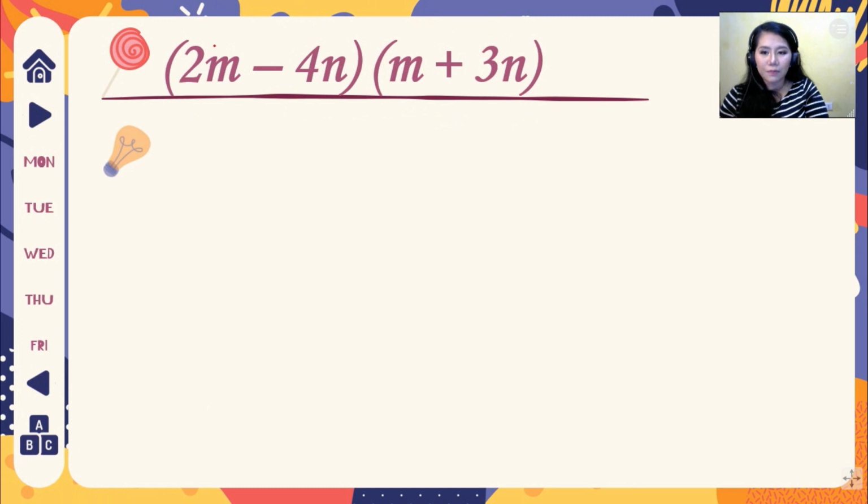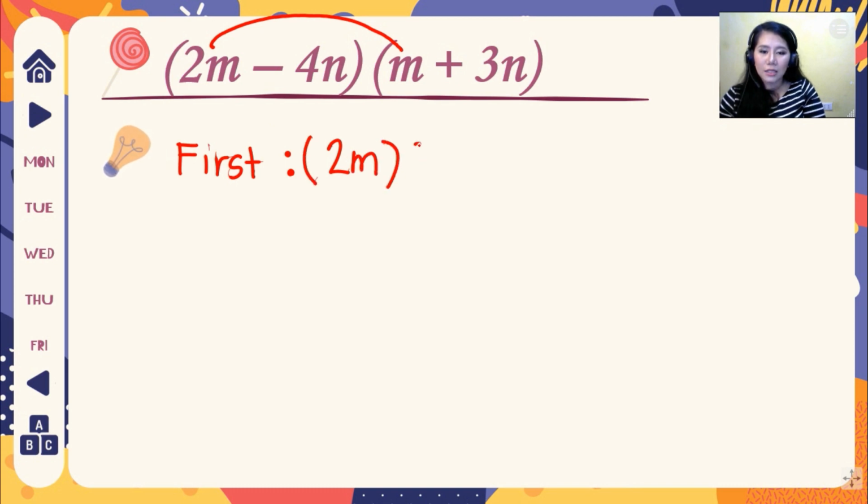So first, sino ba yung first natin? Ang first terms natin ay etong dalawang to. Nakikita nyo? Si F. Ang F natin ay yung first terms. So, ang first terms natin ay si 2m at saka si m. Yun lang daw muna yung i-multiply natin.